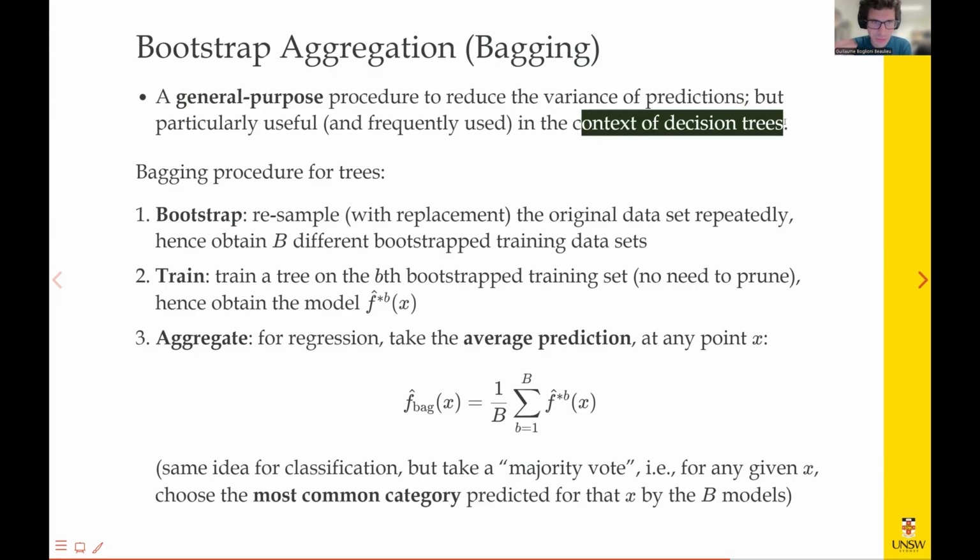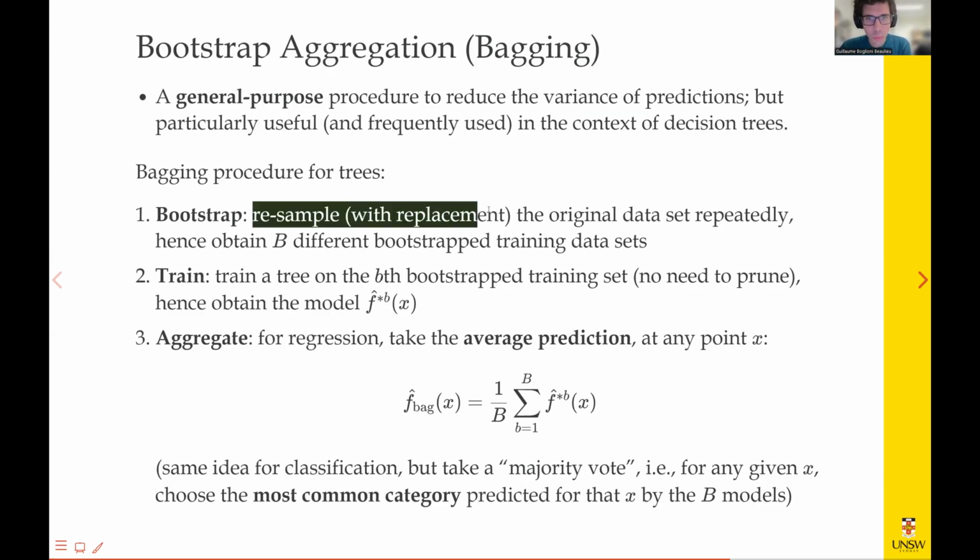So let's explain specifically for trees. First step, bootstrap. As we said, you resample with replacement the original data set many times. In general, we're going to call this big B the number of different bootstrap training data sets you could have. Typically this would be several hundreds, maybe 1,000, or even several thousands.